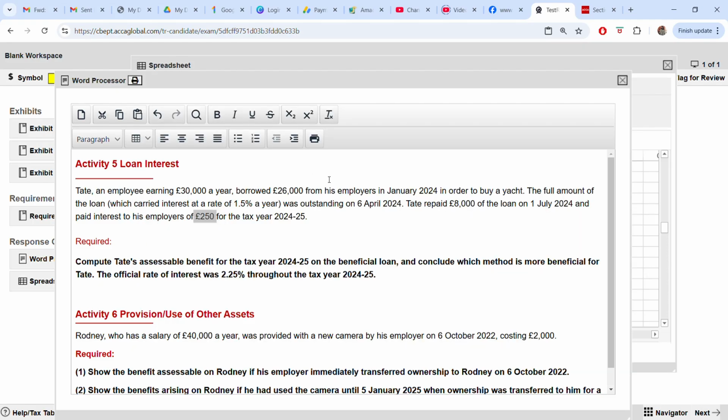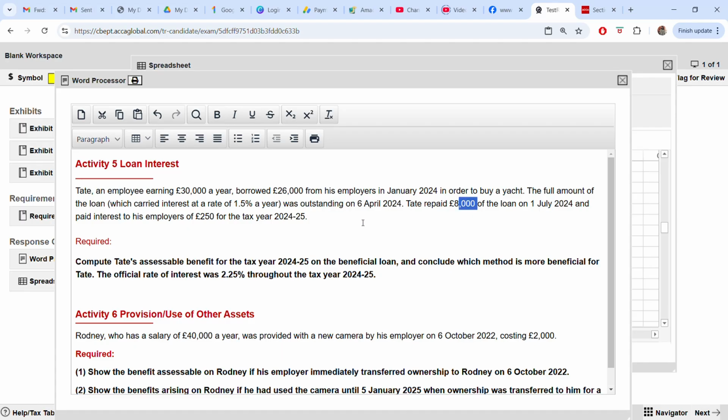Now we'll move to the strict method. The full amount of the loan, 26,000, is outstanding from 6th April 2024 to June, because on 1st July you are repaying 8,000.